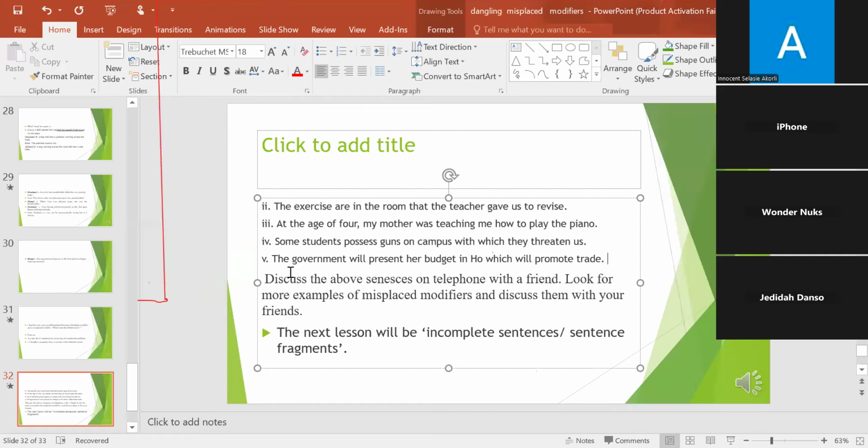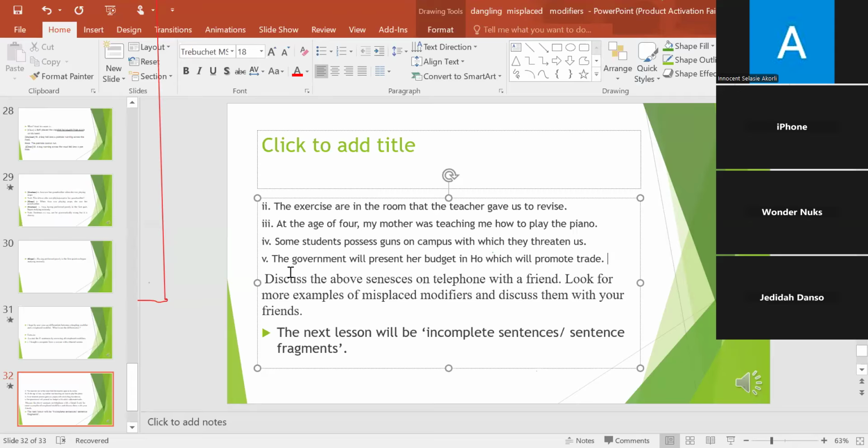As it stands now, we are saying who is responsible for promoting trade, but that is not what the writer wanted to say. In other words, they will meet in whole town to do the presentation or the announcement. Okay, very good. So that is it.